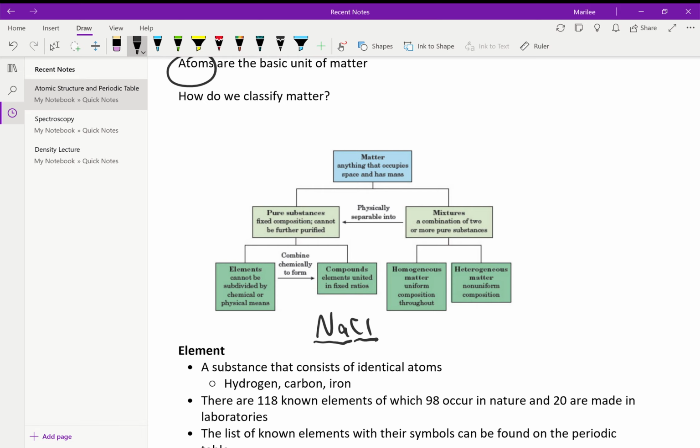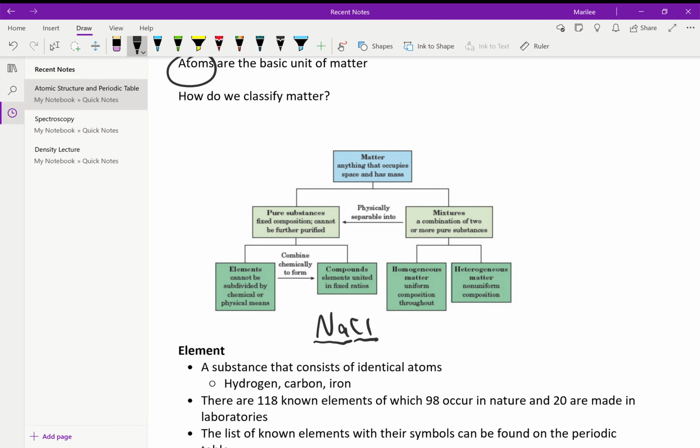Going into the mixtures, they can be broken down into two units. We have the homogeneous mixtures and the heterogeneous mixtures. So the homogeneous matter has a uniform composition throughout. An example I can give you is if you put sugar in a hot cup of coffee.